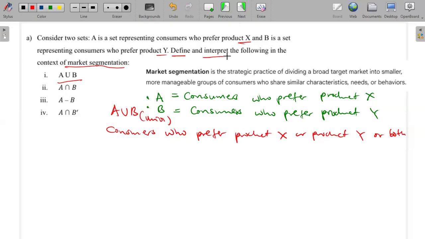Now they're telling us also to make an interpretation of this. So what do we make of this statement?